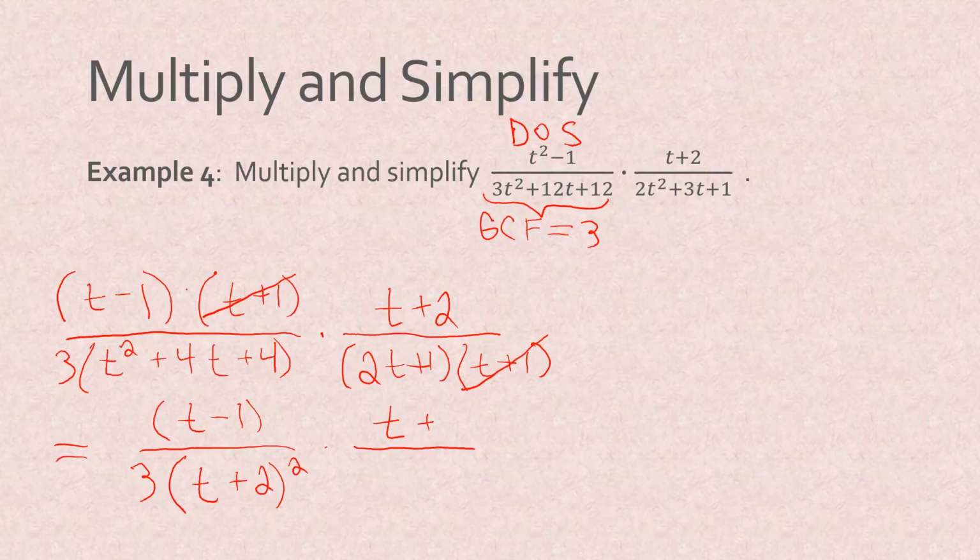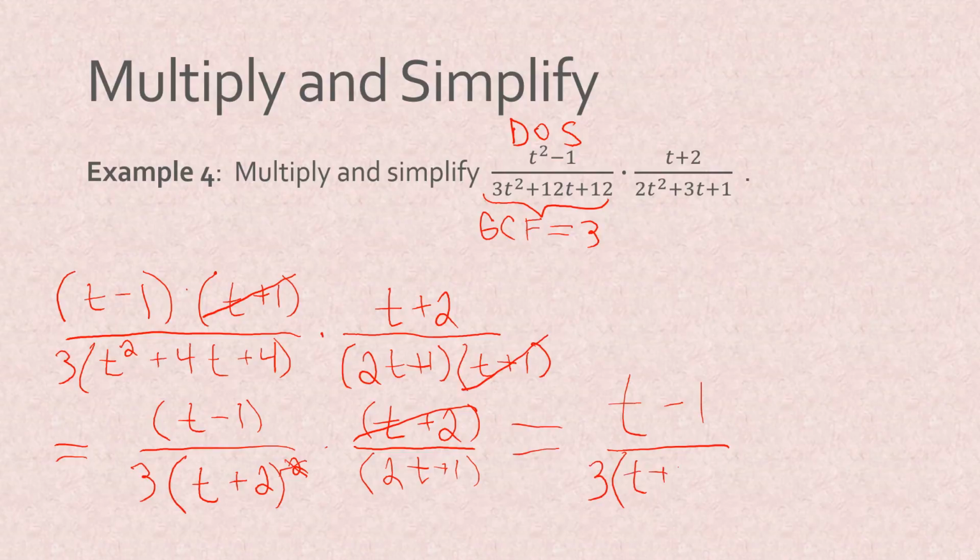And thus, one of those t plus 2's can cancel with the t plus 2 in the numerator of the second fraction. So the t plus 2 here can cancel with one of them there. And we are finally left with the expression t minus 1 all over 3 times t plus 2 times 2t plus 1.